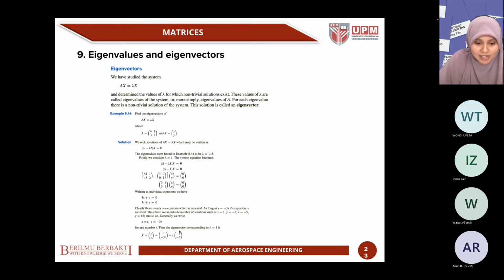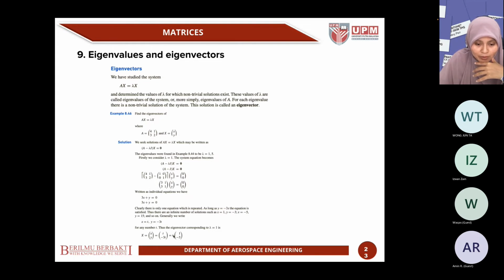Thus, the eigenvector corresponding to lambda equals 1, the eigenvector for eigenvalue 1, we can write in terms of a matrix like this. The vector x, the solution, xy, is x equals t and y equals minus 3t.